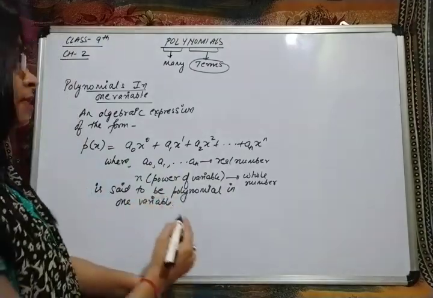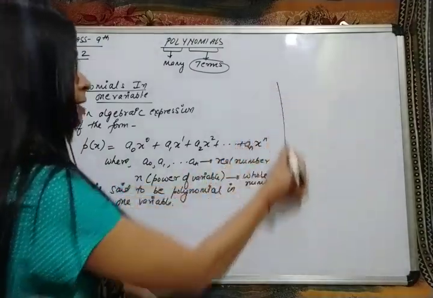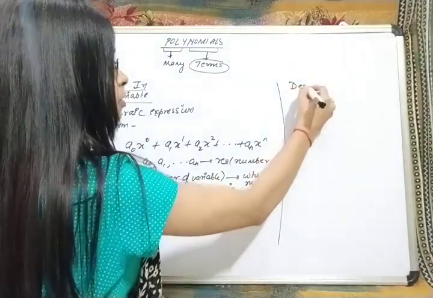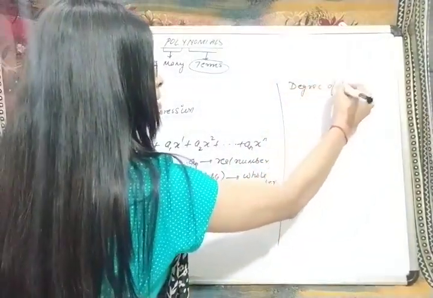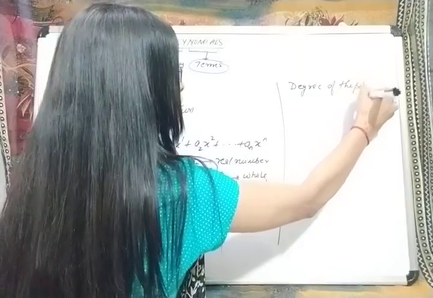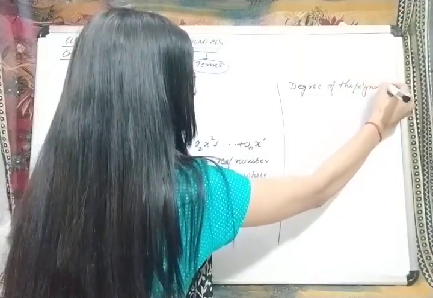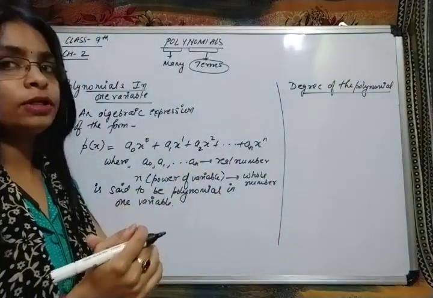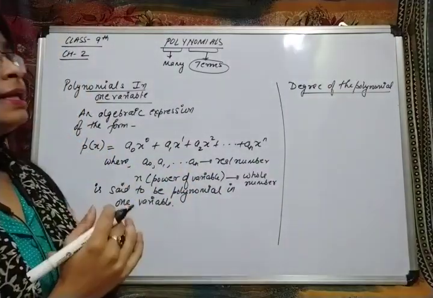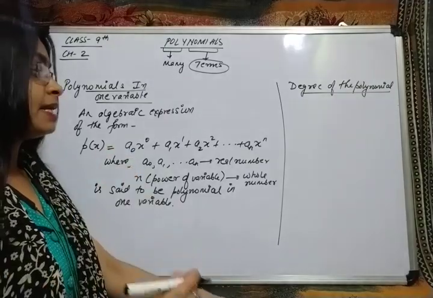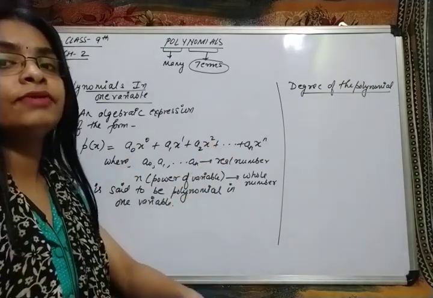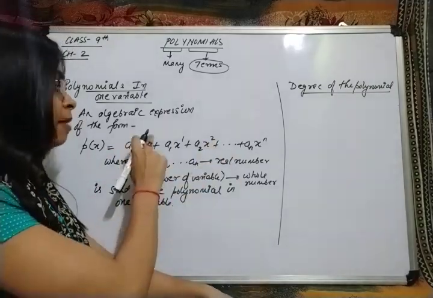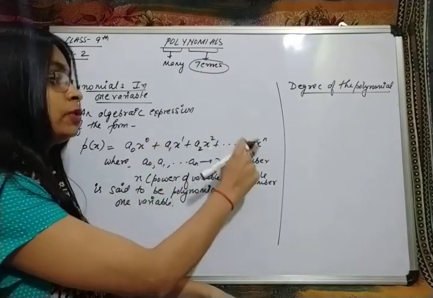Now the next term is the degree of the polynomial. The degree of the polynomial is defined as the highest power of the variable. So we have x to the power 0, x to the power 1, x to the power 2 and x to the power n.